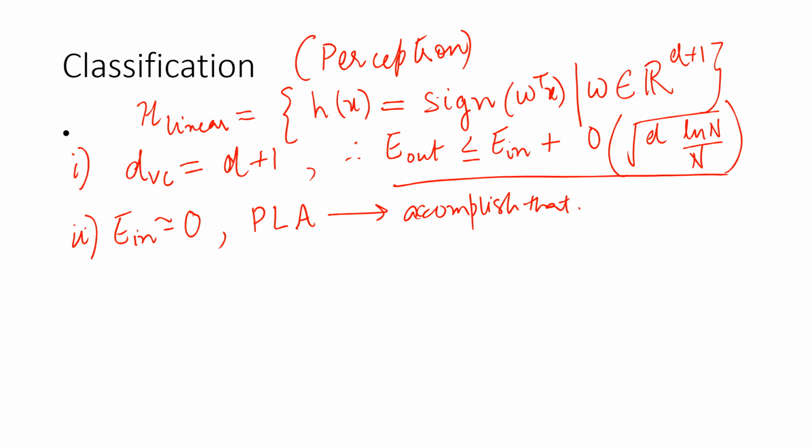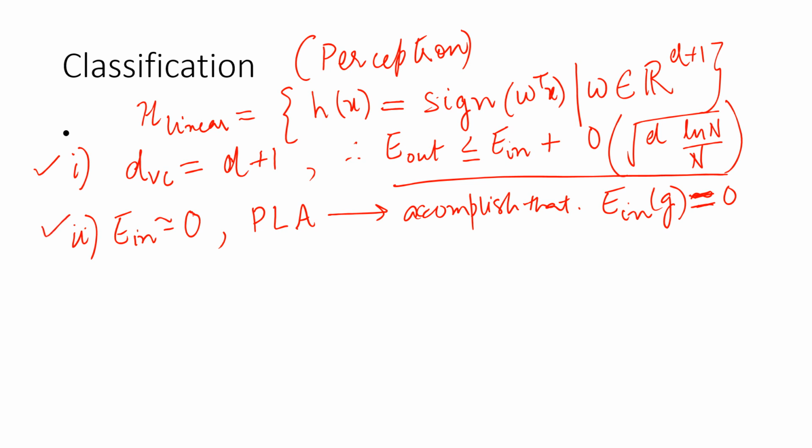Now, if the data is linearly separable, then all of that is good because eventually we will come up with a g that would actually equal 0 in most of the cases. There is also a theorem that we looked at, that PLA will accomplish this if the data is linearly separable. So the second step will also be accomplished. The first step and the second step are both accomplished by PLA.